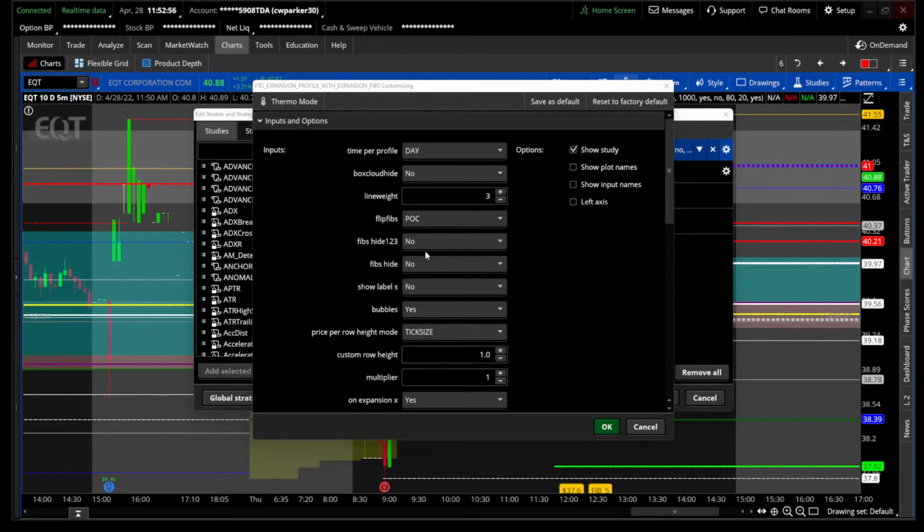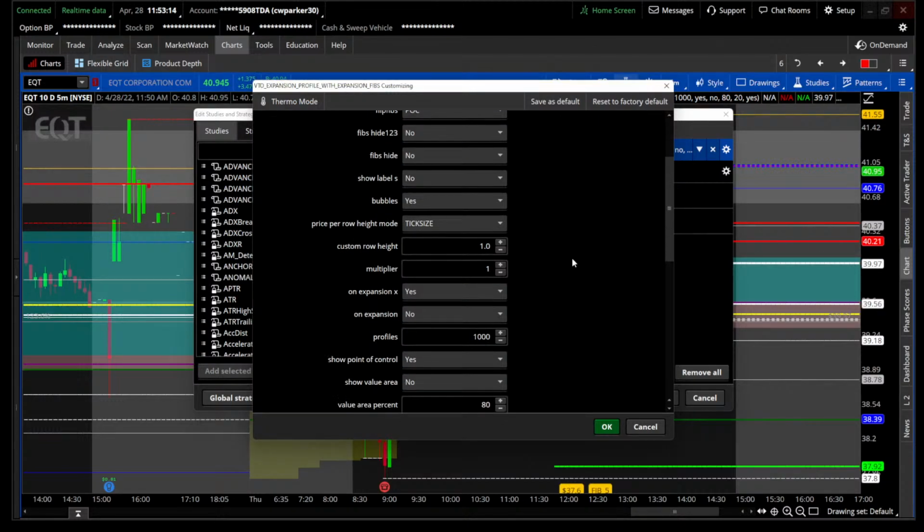But I wanted to make sure, the bubbles on labels. That's just a label for the value area high, low, and point of control. And no bubbles for those 1, 2, and 3.